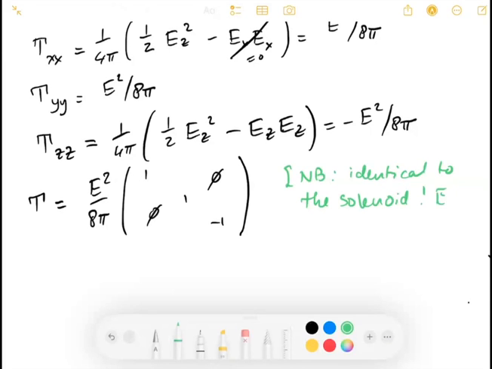Except when you swap the E and the B. Now this is surprising because we know that the solenoid was being pushed apart, and we know that these plates will be pulled together. So how is it that when the stress tensor looks the same, is identical, we can still get such a completely different answer?